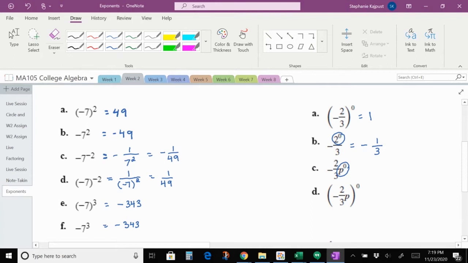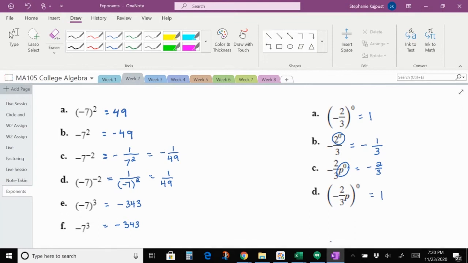That's the only part that has the 0 attached to it because there's no parentheses. So that becomes 1. And this would be -2/3 because it would be -2/3 times 1. And then D, everything is in parentheses, so that 0 is attached to everything in parentheses there. So that whole thing will become 1.